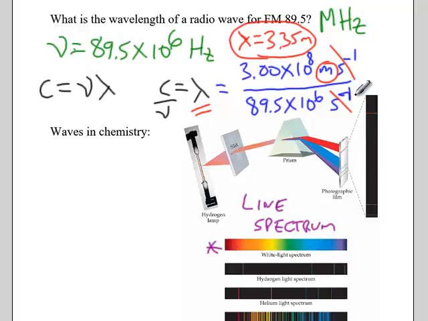Well, when we do this experiment in chemistry for hydrogen, we don't get a continuous spectrum. We get one line and another line, another line, and another line. And in between, we have a gap. So that's why it's called a line spectrum.